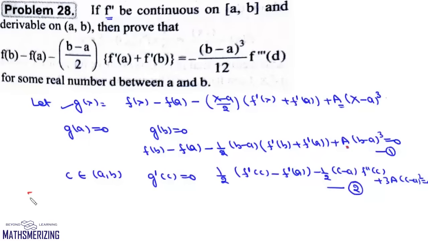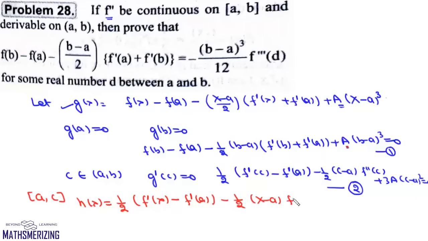Now what we'll do is, we'll define a function h in the interval [a, c] such that h(x) is 1/2 [f'(x) - f'(a)] - 1/2 (x - a) f''(x) + 3A (x - a)^2, which is similar to this expression except that this is h(c). Now this function is again continuous and differentiable.